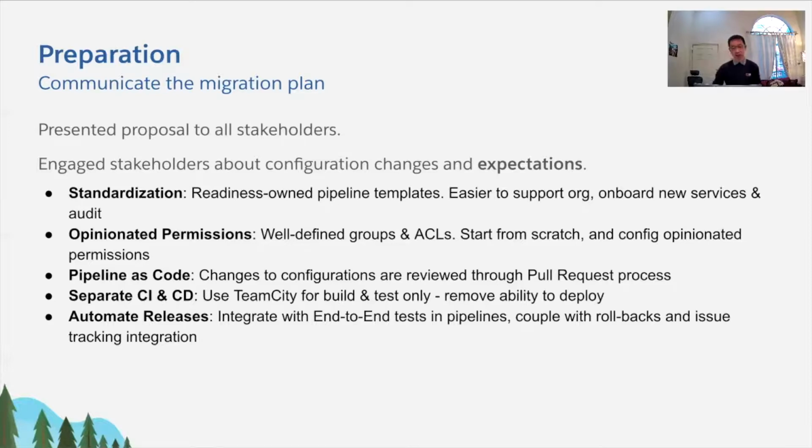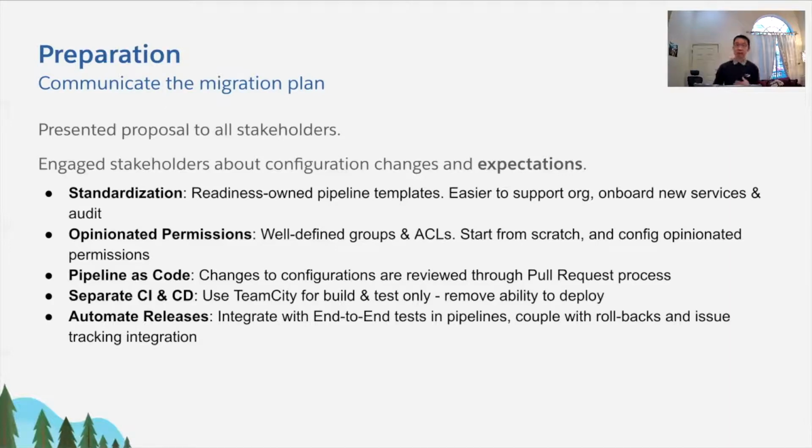Some of the key changes coming include standardization. Our team owns the pipeline templates, which makes it easier to support the organization, onboard new services, and audit. We implement opinionated permissions. What I mean is we define well-defined groups and access control. We start from scratch and configure opinionated permissions.